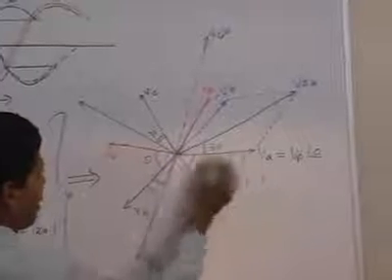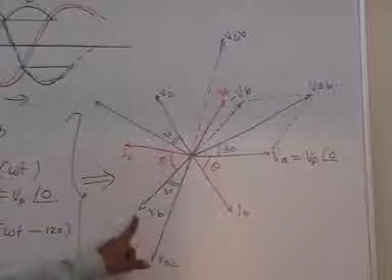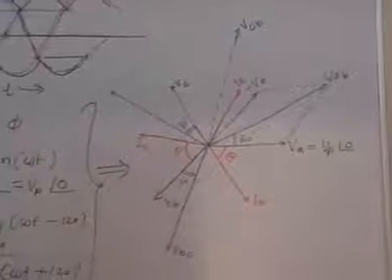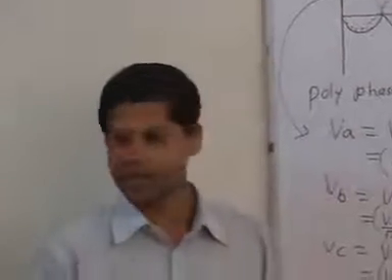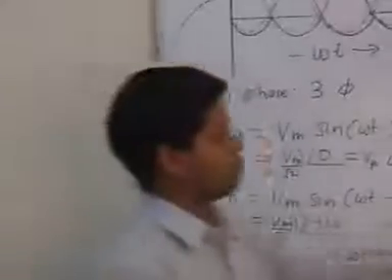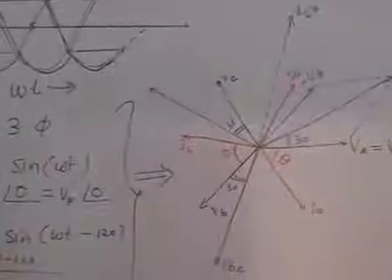After 120 degrees of VA, you can see the black line here: VB is Vp angle minus 120, and the third one is Vp angle plus 120. So this is the basic phasor diagram. The phasor diagram is a very important concept. You should understand it thoroughly, how to draw it, to understand the polyphase system especially, or in general any electrical system. The VA, VB, VC, these three black lines show the three-phase voltages.